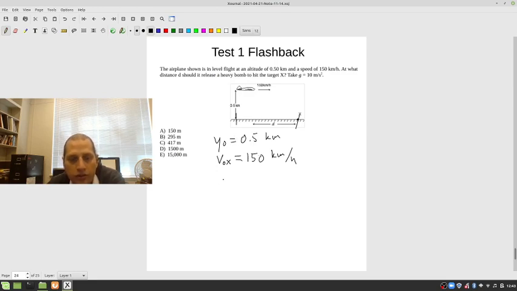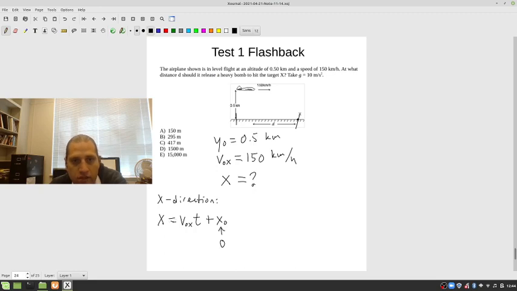Okay, so you want to find x, essentially. And so let's see what we have to work with. Well, in our x direction, our position is going to be just dependent on the initial speed times t plus x naught. So let's set that x naught to 0.